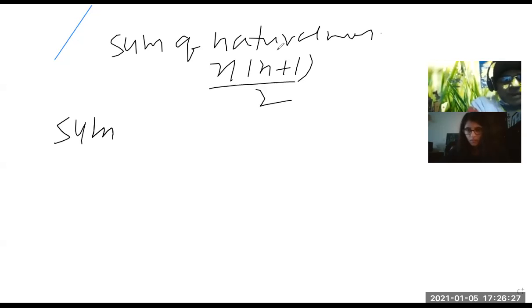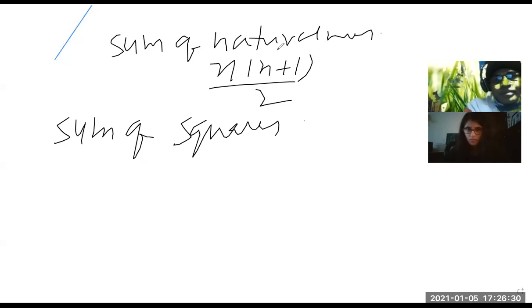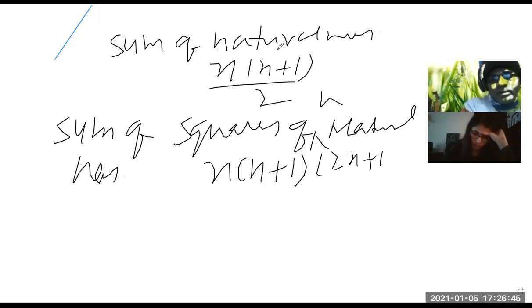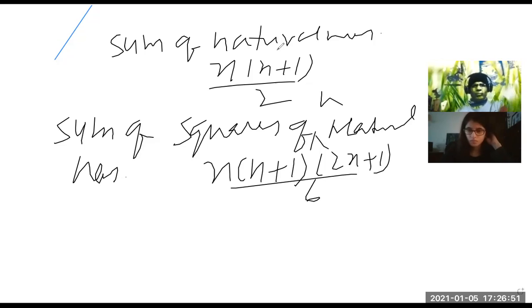Sum of squares of n natural numbers: n into n plus 1 into 2n plus 1 upon 6. These two or three things I am writing now might not be in your syllabus, but you can write them down for knowledge. Sometimes you need to use the sum of natural numbers, sum of squares of natural numbers, and sum of cubes of natural numbers directly as the formula to find the sum.